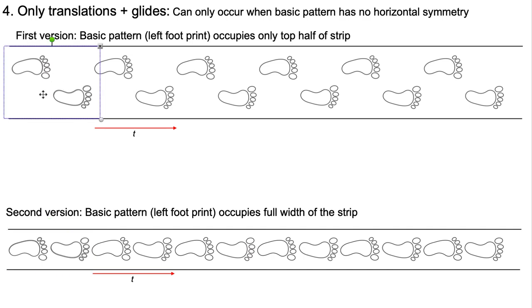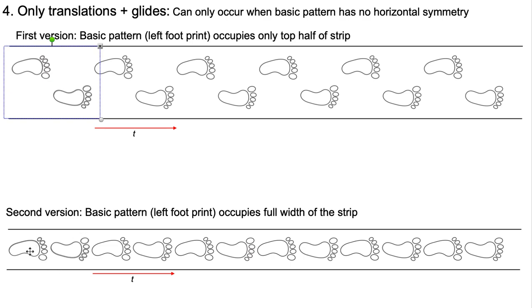And the translation takes the first two footprints into the next two, and it takes them into the next two like that. So that's how the translation works. It's important to realize that under the translation, the left footprints are going to left footprints, and the right footprints are going to right footprints.